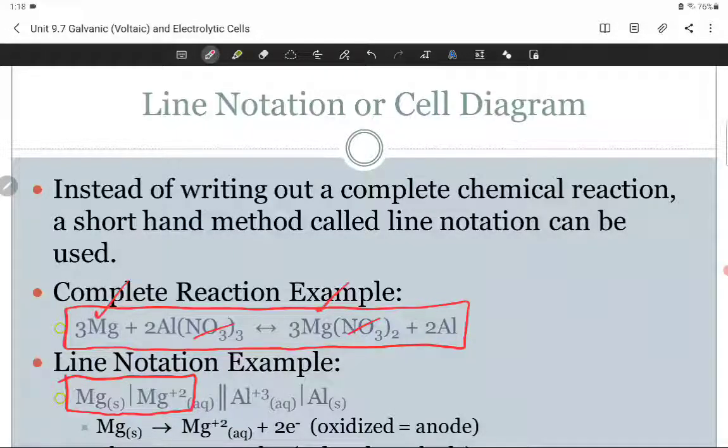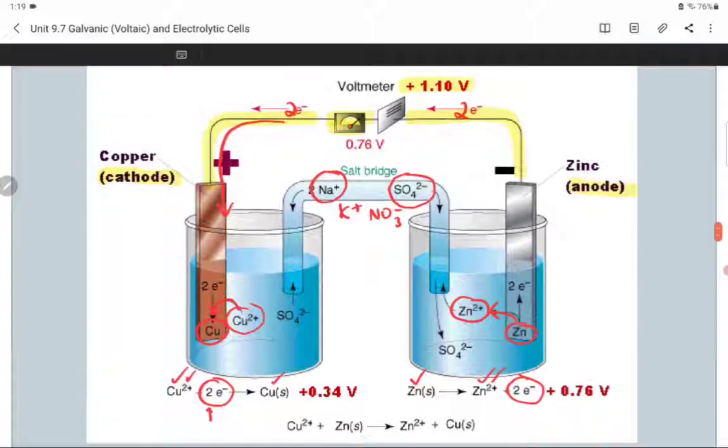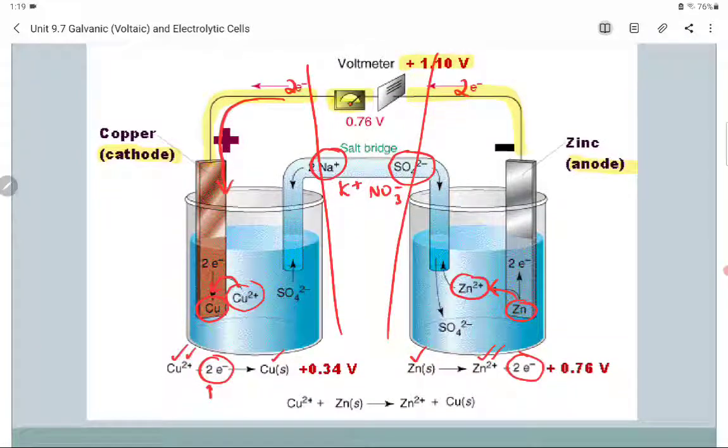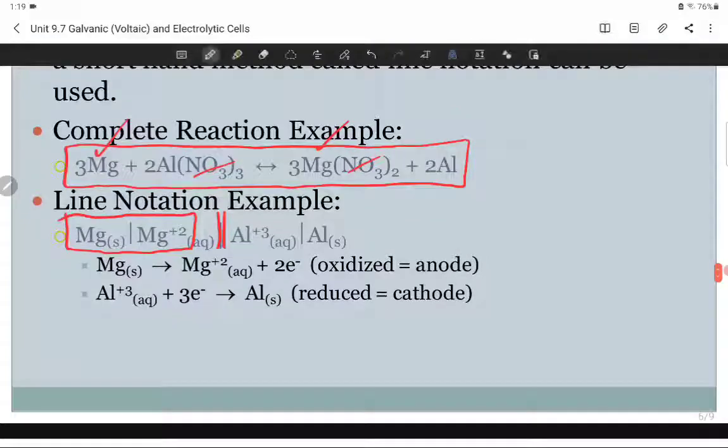That's 1/2 reaction. This might designate, let's go back to our picture, sort of like that area there, okay? And then we have aluminum ions going to aluminum metal, and that's that there.